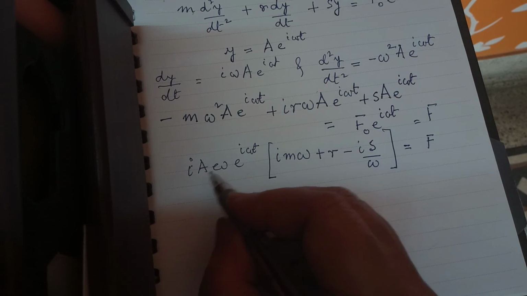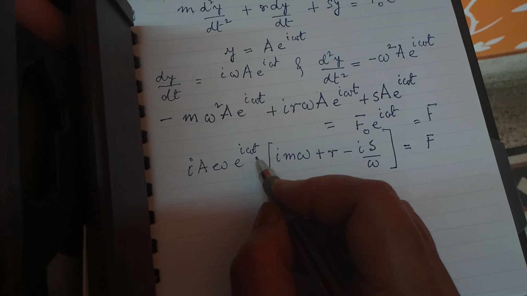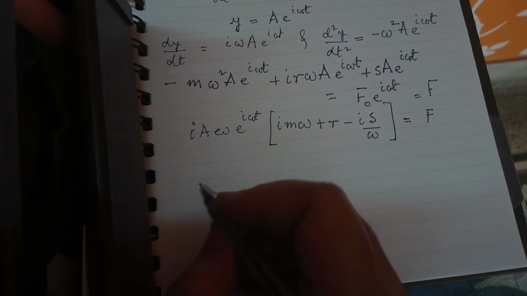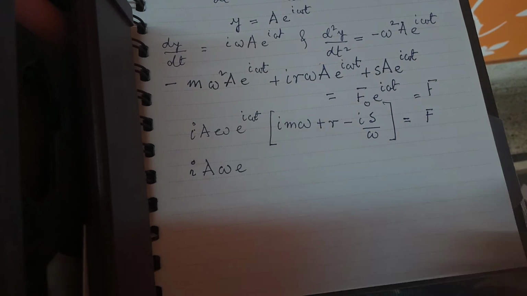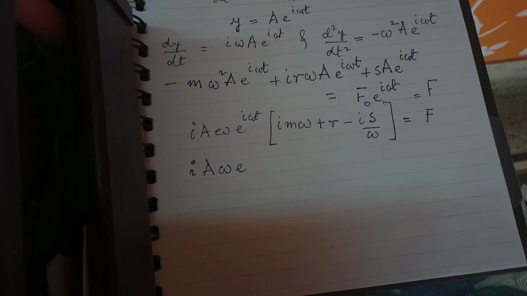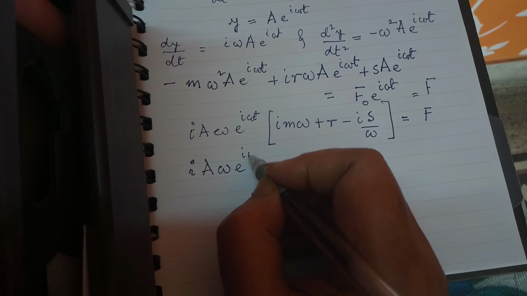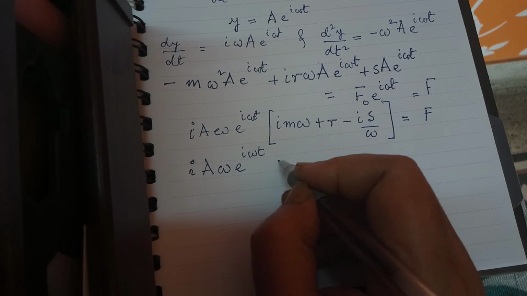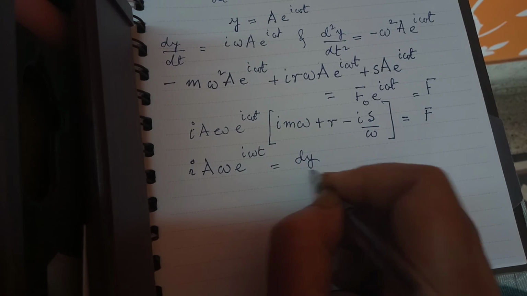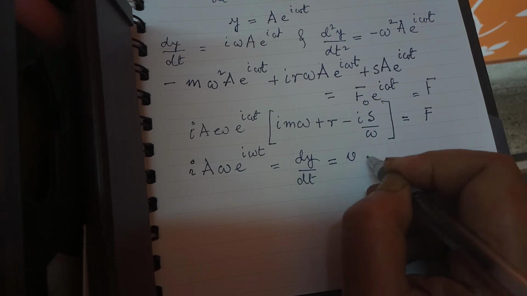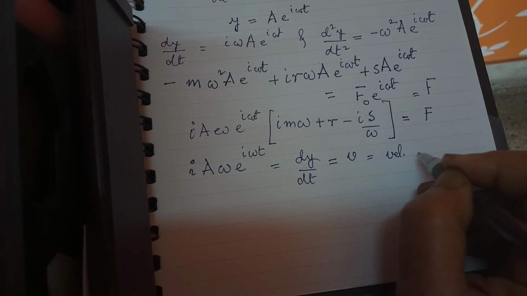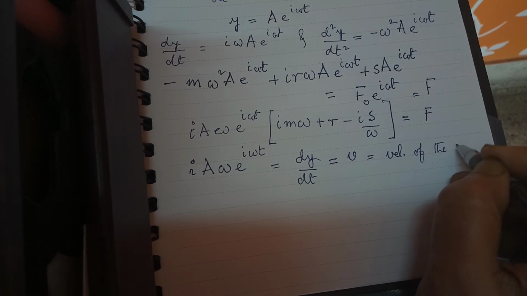Now what is i a omega e to the power i omega t? It is equal to dy/dt, that is equal to v, the velocity of the oscillator.